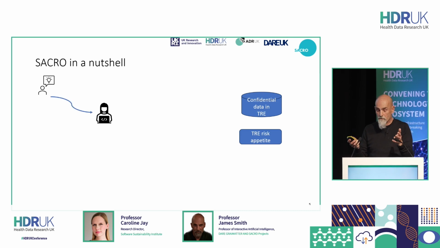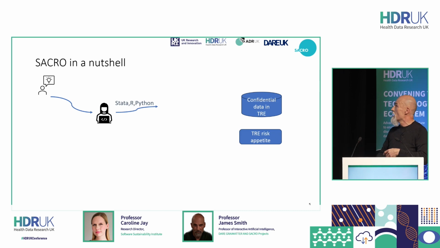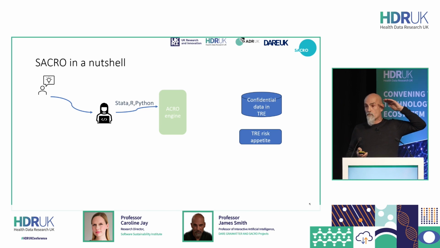They go into their virtual environment and they issue their manipulation and their queries in Stata or R or Python. If they want to produce an output, it's the same query command, but with the word acro in front of it, which lets it get caught by an acro engine. Now that recognizes what kind of statistic or output they're asking for, and therefore what the risks are.